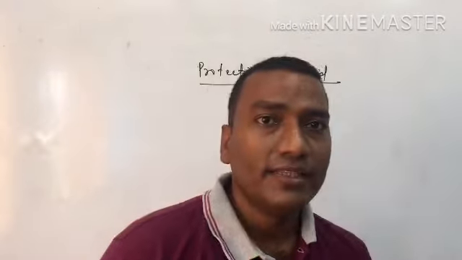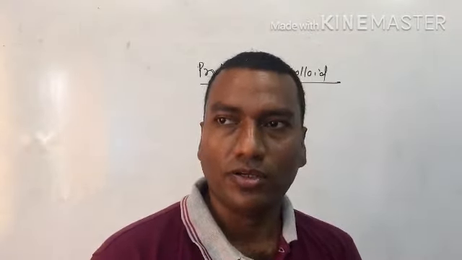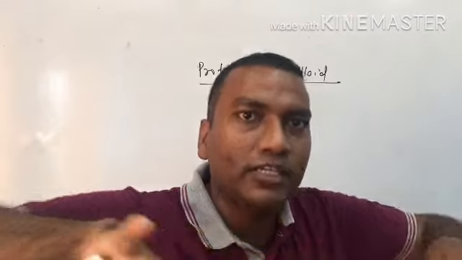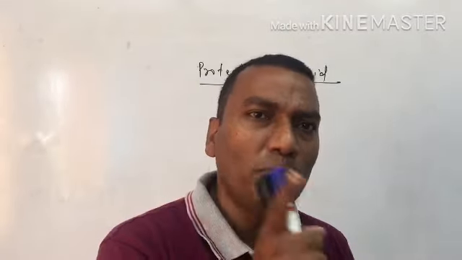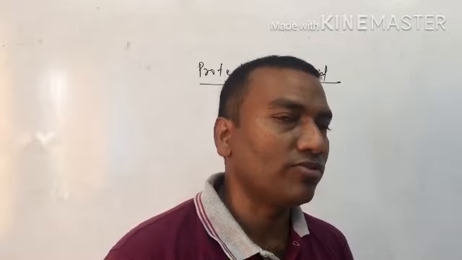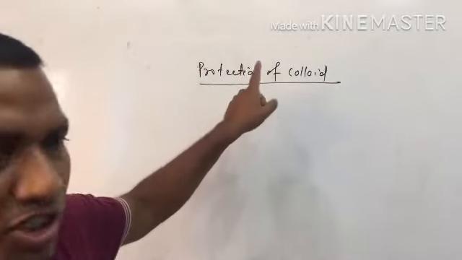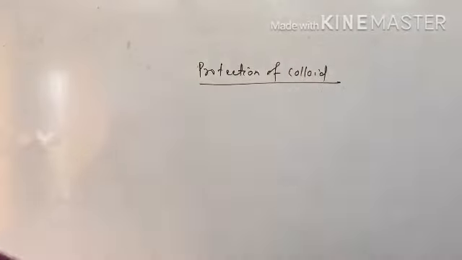I said that lyophilic sol is quite stable and does not separate into two layers. But lyophobic sols may separate into two layers. That's why they need some stabilizing agent. That's why this is called protection of colloid.